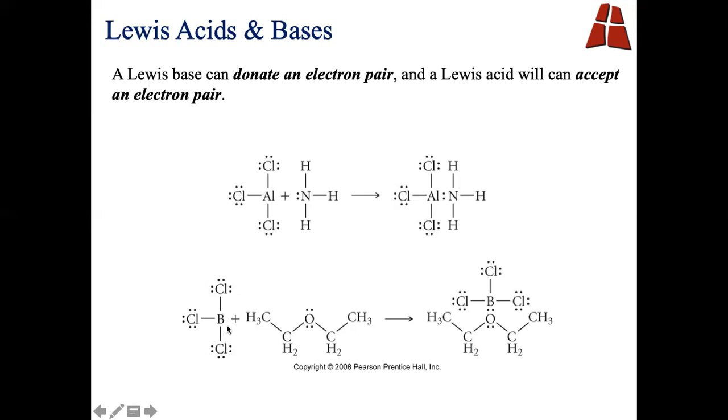Any boron compound is notorious for acting as a Lewis acid, where it will accept an electron pair, in this case from diethyl ether, to form this boron trichloride diethyl ether adduct. Again, we just have donation of this electron pair from our ether into our boron.